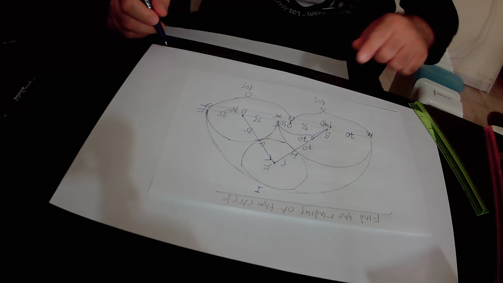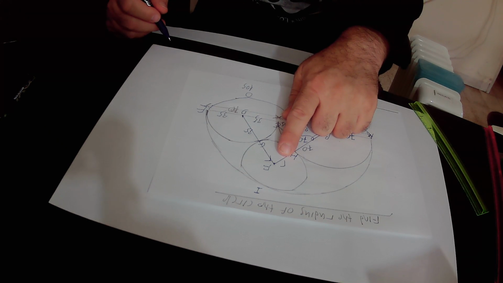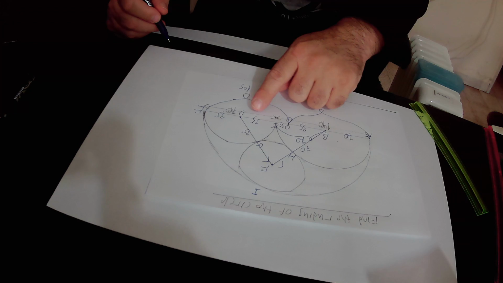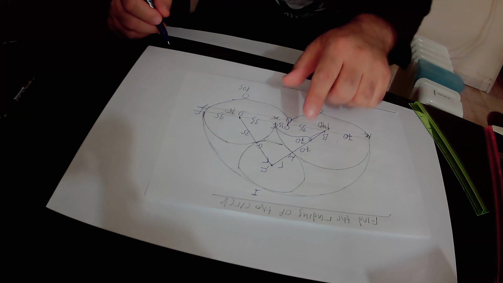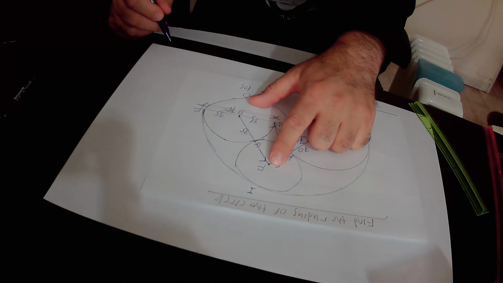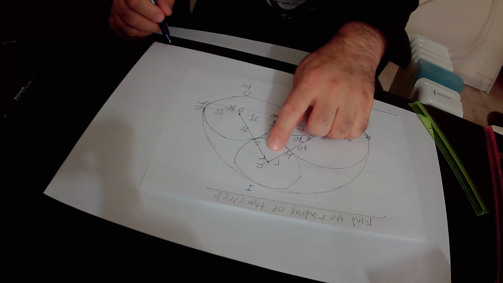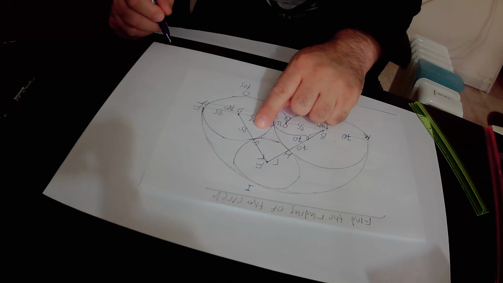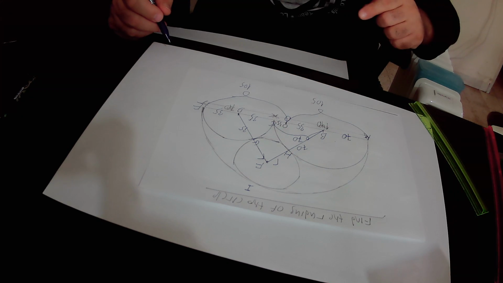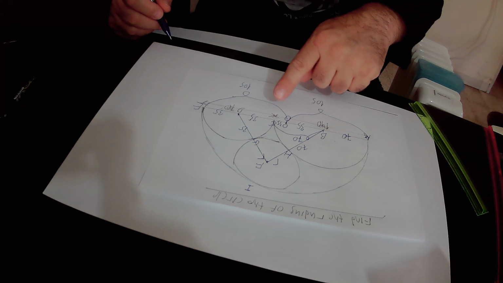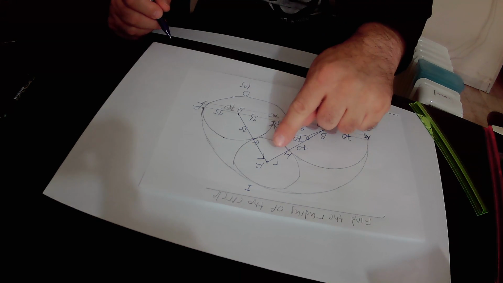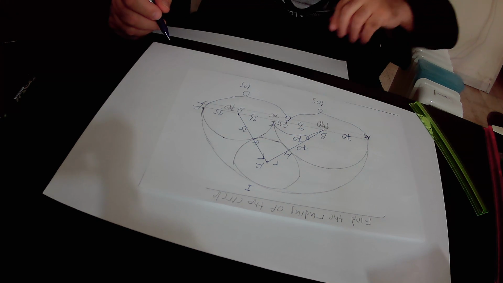And therefore, the distance between their centers FD equals 35 plus R units. Okay, so I'm writing down that FD equals 35 plus R units.